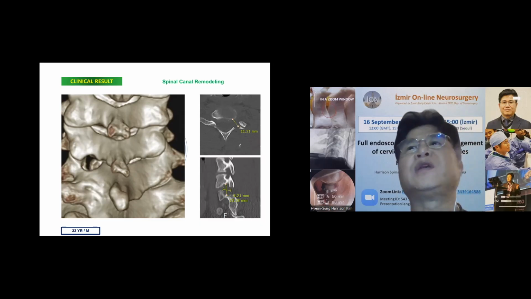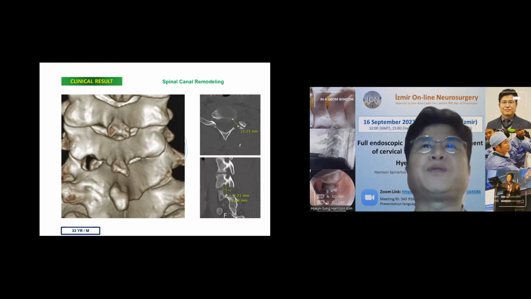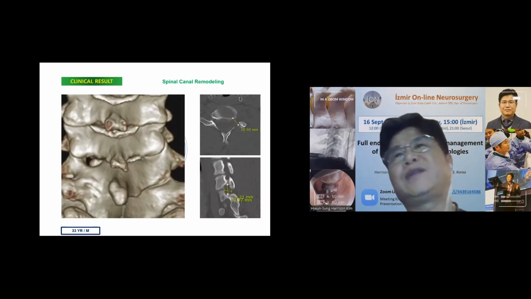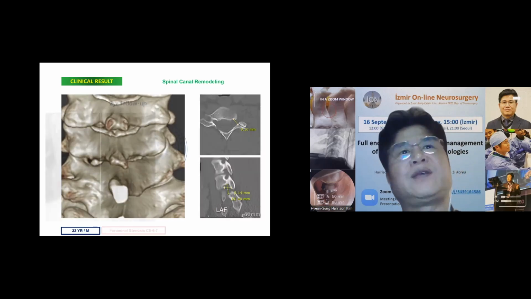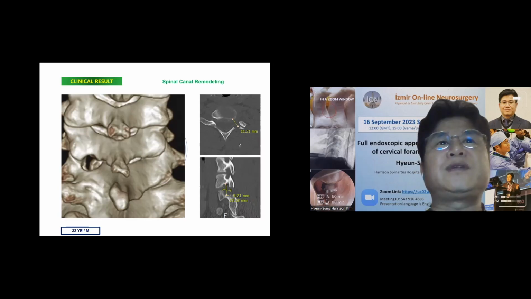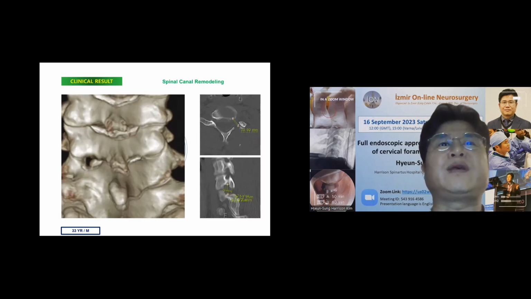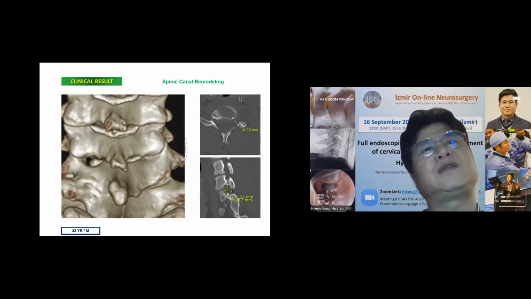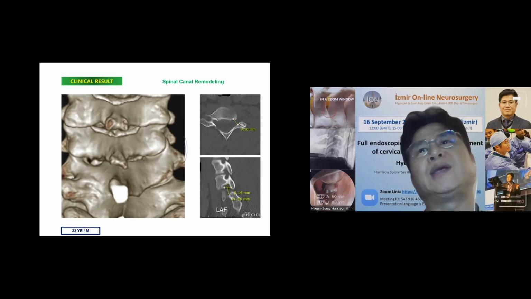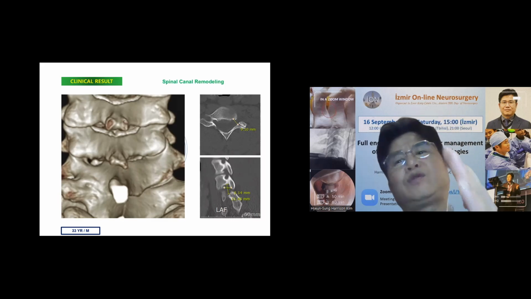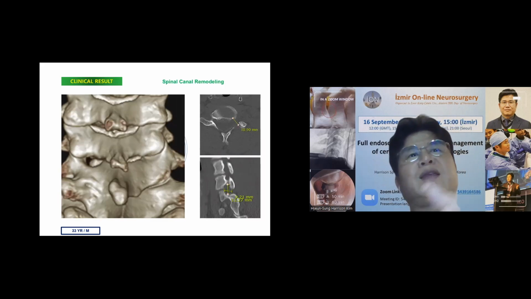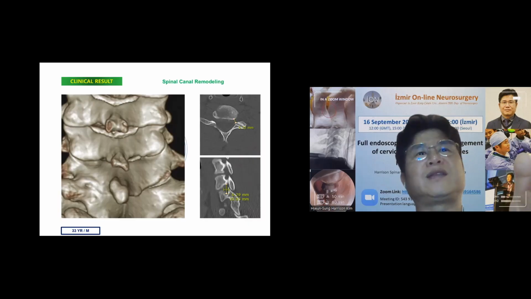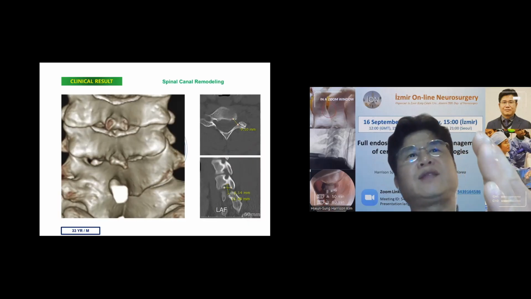And additionally, remodeling happens in the cervical area. You can see this is very interesting. This is the first post-operative image, this is 6 months, this is 1 year. Anyway, the facet joint also regrows, and then stability is kept again.